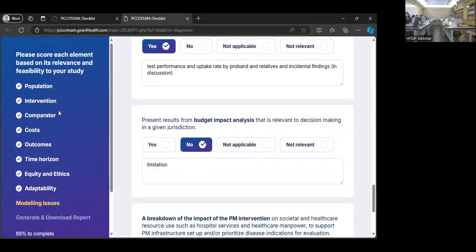So to reflect on what we have discussed, for the population domain, it will be important to identify the target population, whether it's stratified or unstratified. And depending on different types of genetic tests, you may want to involve different types of population.